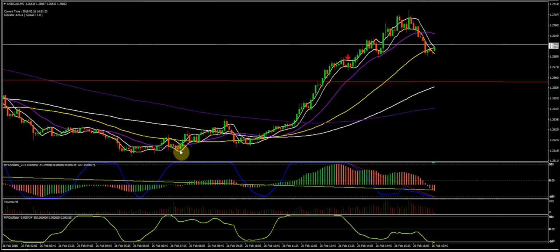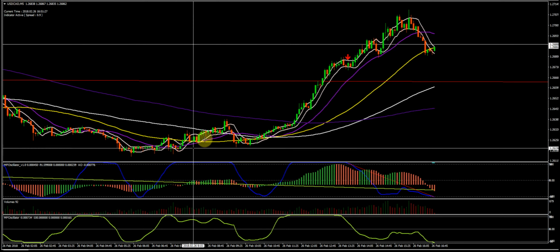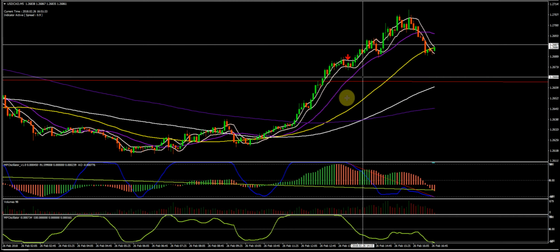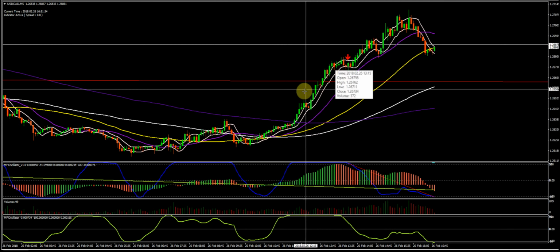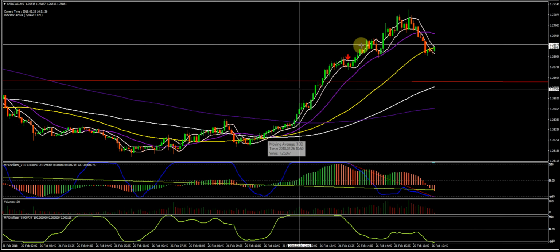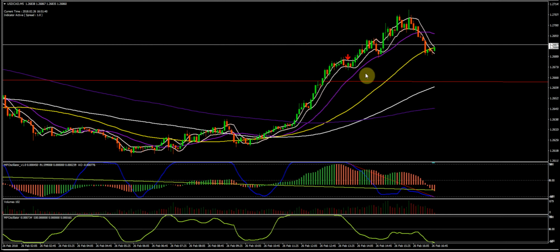So I mean, we could have held up for all of our targets, ironically, but that's just the way it goes. I'm happy with a part of the move, even if I got 50% of a move, 30%, 20%, doesn't matter. You're never going to maximise and take out all of the moves, and I'm not bothered about doing that.